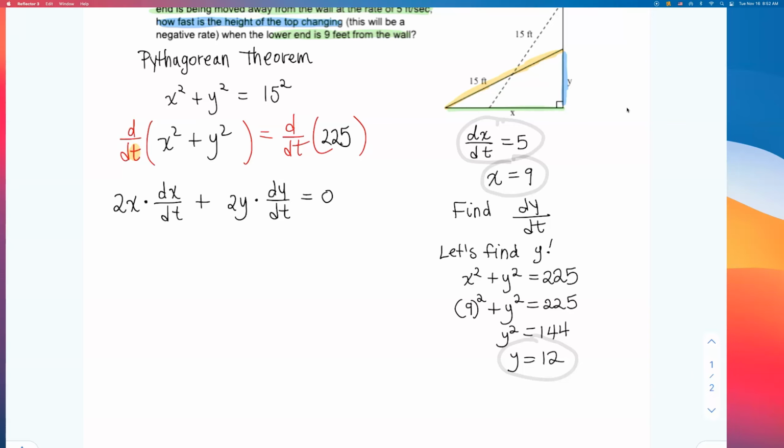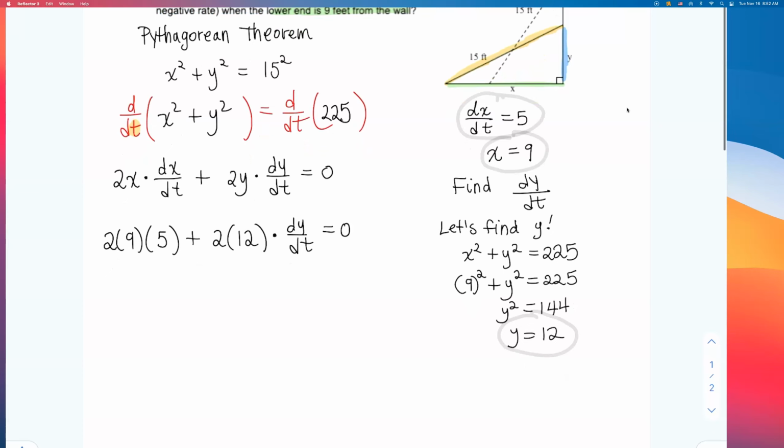Now we're almost done. All we have to do is plug in all the pieces we know. Remember, x was given as 9. dx/dt was given as 5. y, we found that piece. y was 12. And the only thing that we need to find is dy/dt. So all I gotta do is solve for dy/dt.